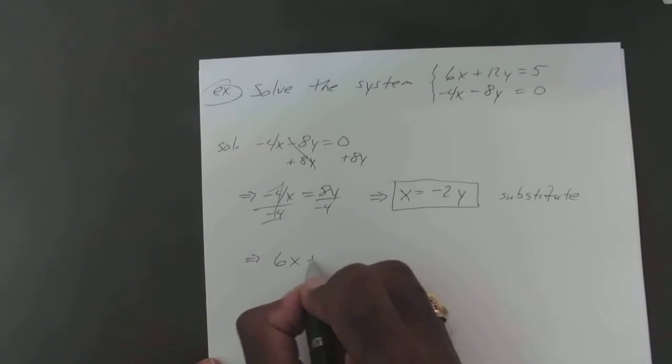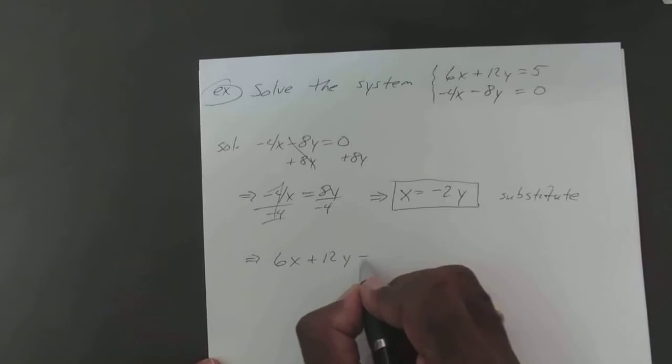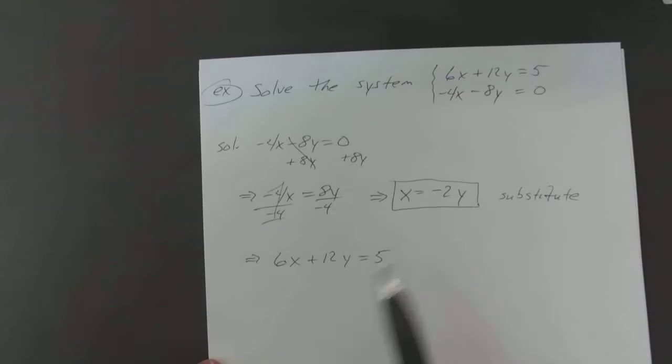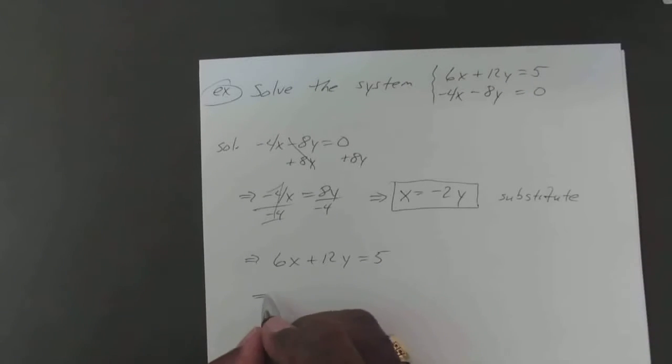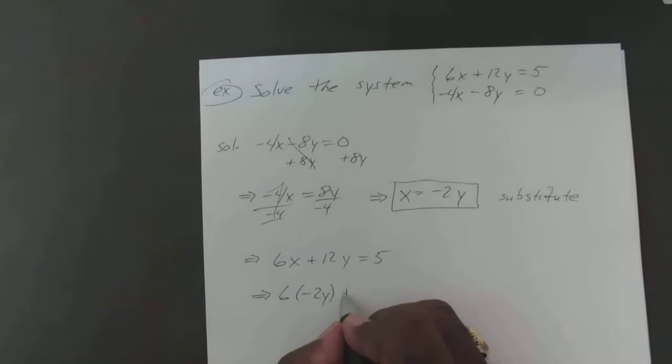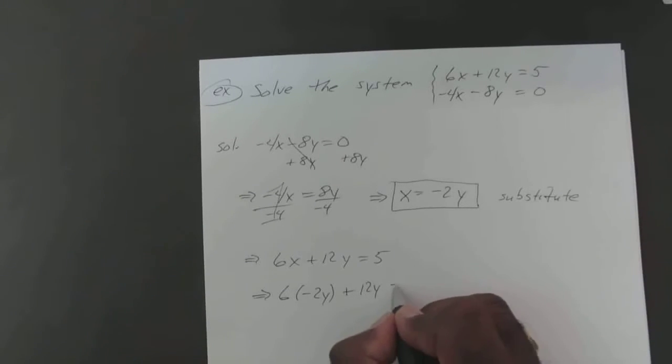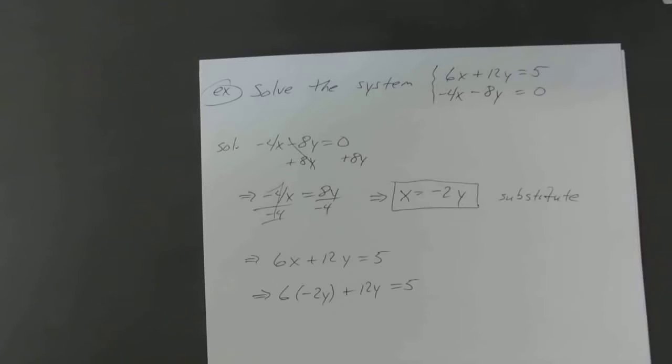So that means our 6x plus 12y equals 5. Now that we know that x is equal to negative 2y, it will become 6 times negative 2y plus 12y equals 5. So 6 times negative 2 is negative 12.